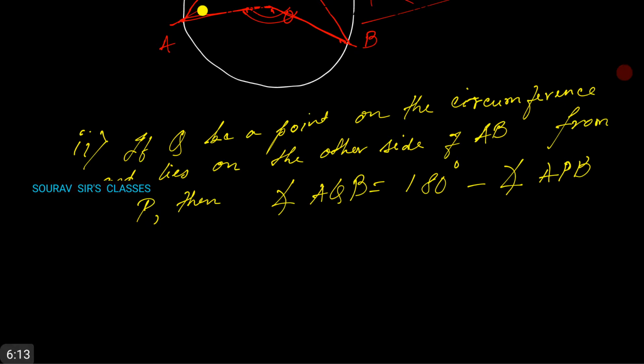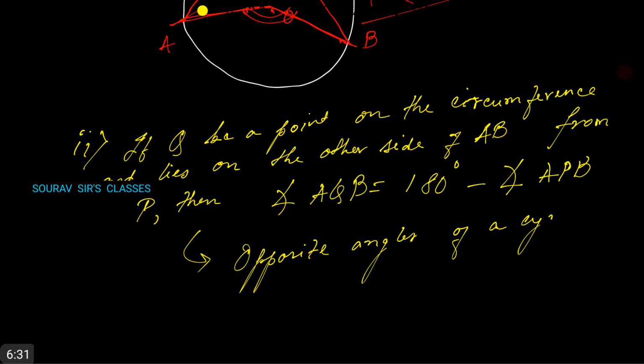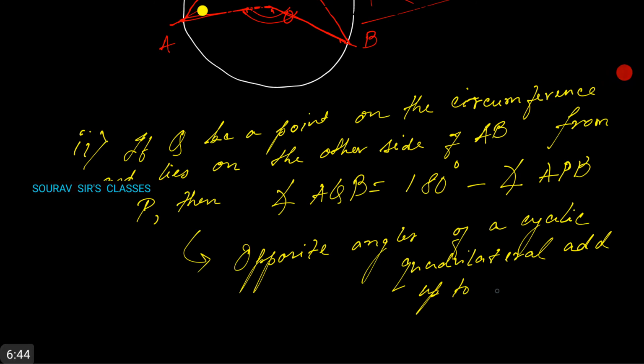Or what this theorem is trying to say is that the opposite angles of a cyclic quadrilateral add up to 180 degrees.